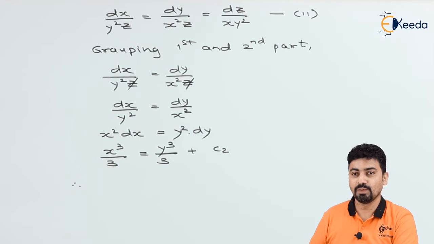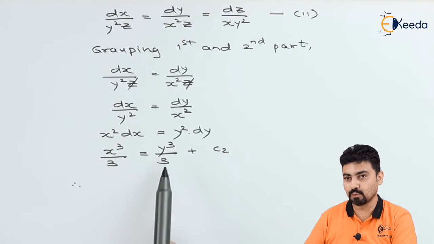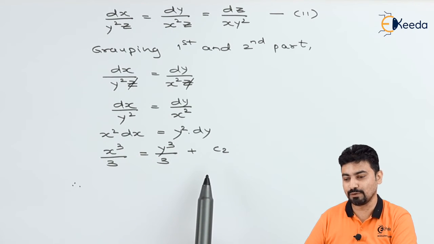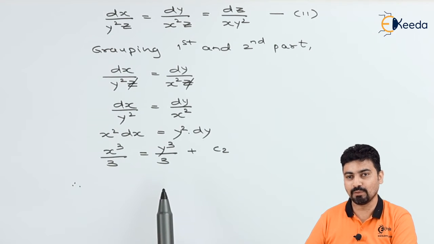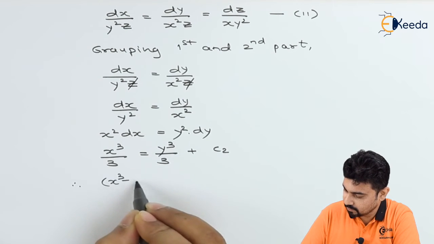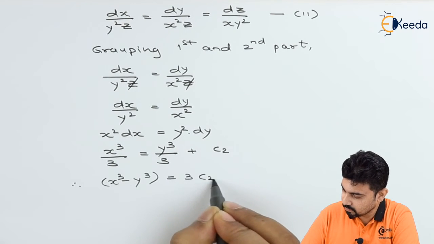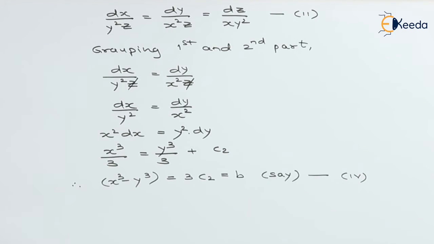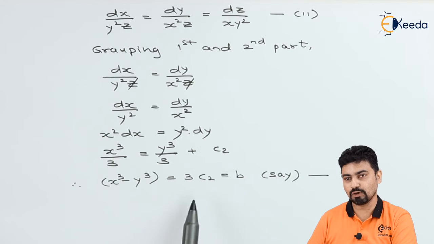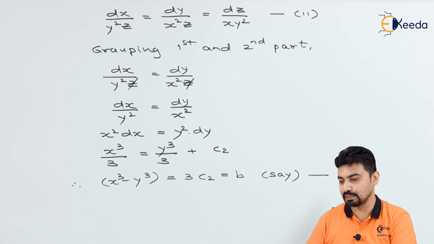Integrating it further, we have got x cubed by 3 is equal to y cubed by 3 plus one arbitrary constant c2. Now when we simplify this further, we get our final second part of the solution, that is x cube minus y cube is equal to, say, b. B has been equated with the constant 3c2. This is our equation number 4.